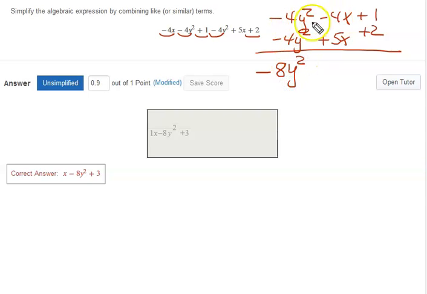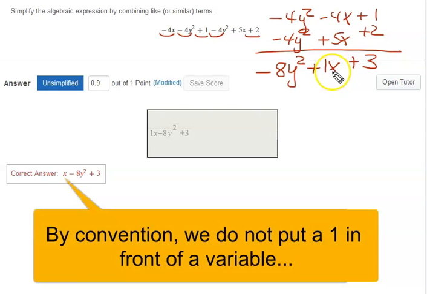Remember, when you're adding or subtracting like terms, the variable part never changes. So here this would become a 1x, and then this would become a 3. Now, you have to be careful with something like this. When you're doing calculations and you put a 1x there, that's okay. But when you put it as an answer, they want you to simplify.